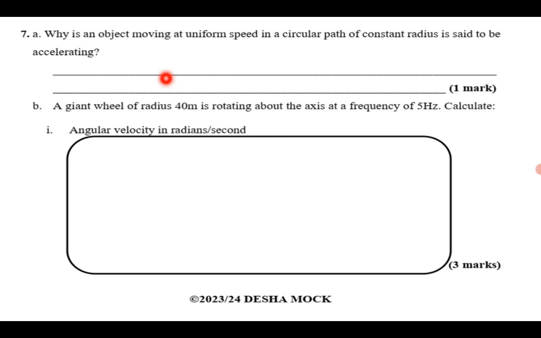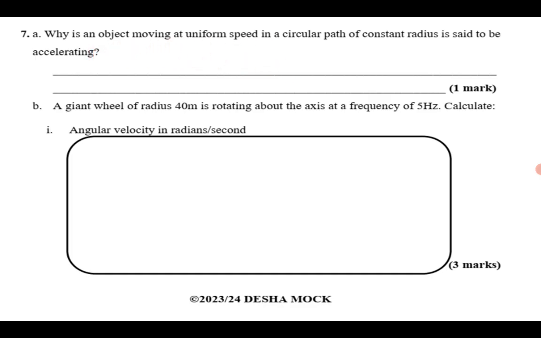Question number 7. Why is an object moving at a uniform speed in a circular path of constant radius said to be accelerating? When a body is moving along a circular path, we say that it is accelerating, although its linear speed is considered to be constant.